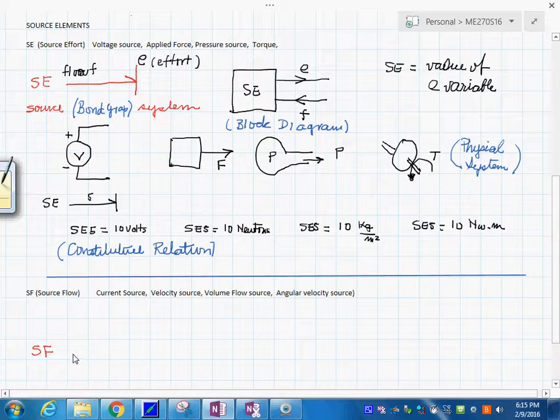See, and then over here is the E variable, the effort variable. See, this is the way we represent the source flow. So it remains to be seen what is the block diagram of this and what is the constitutive relationship.